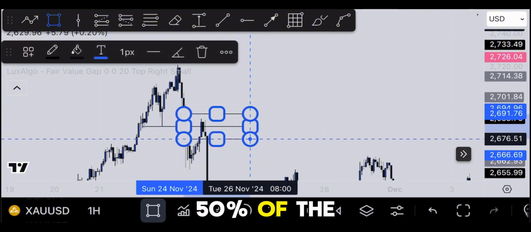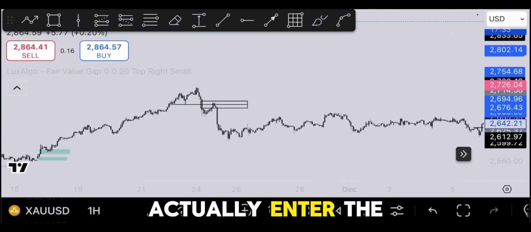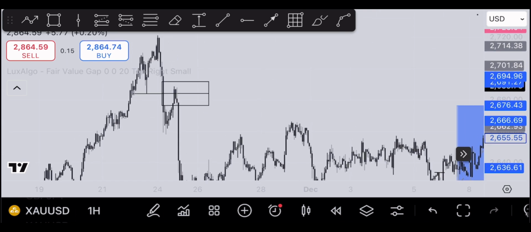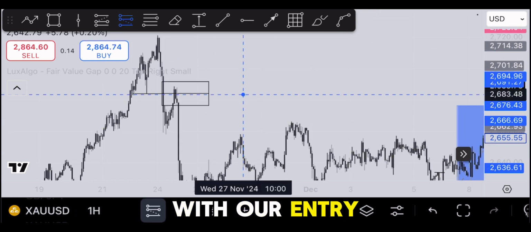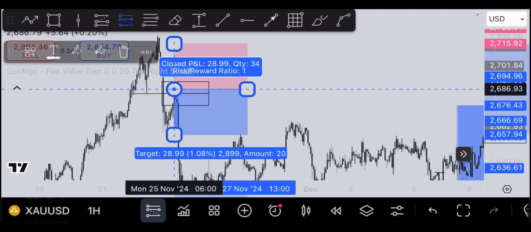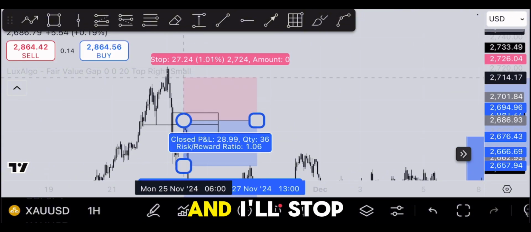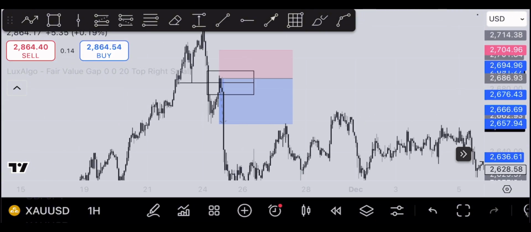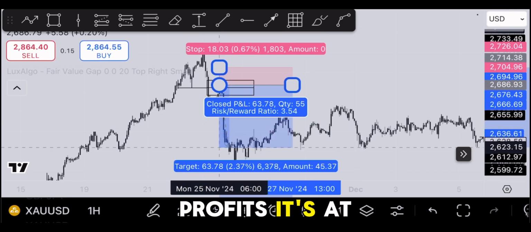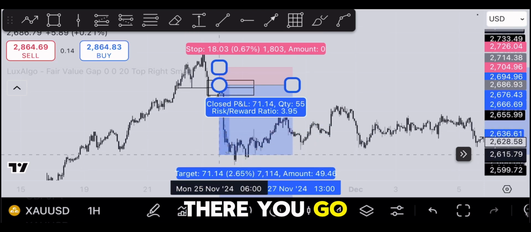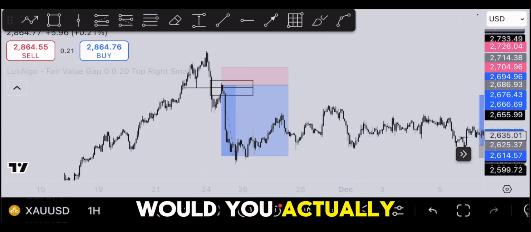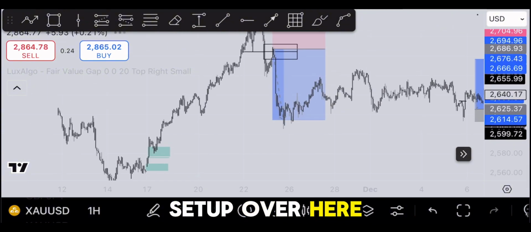So at the 50% of the fair value gap, you'd actually enter the market. So let's say with our entry somewhere here, somewhere in this one, and our stop loss and our take profit is at 1:4. There we go. Would have actually hit our take profit with the setup over here.